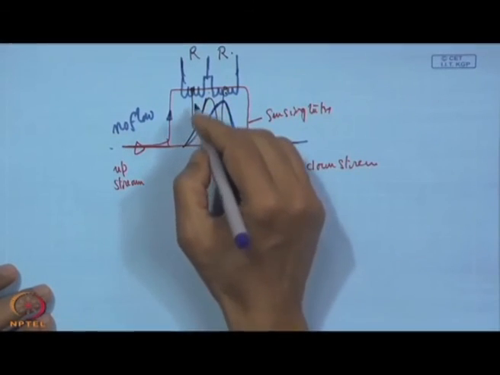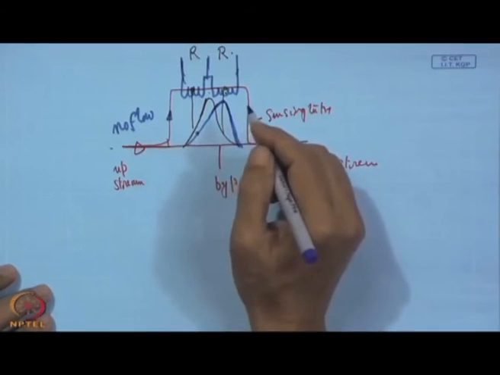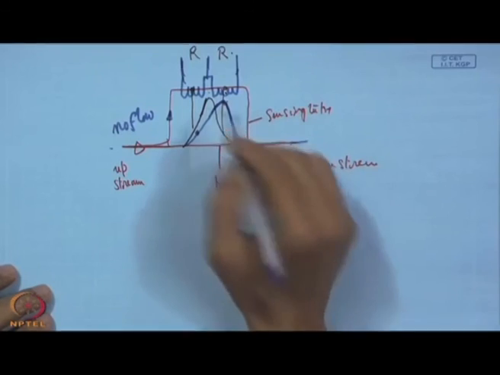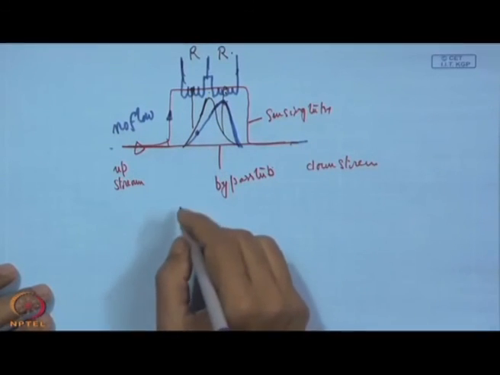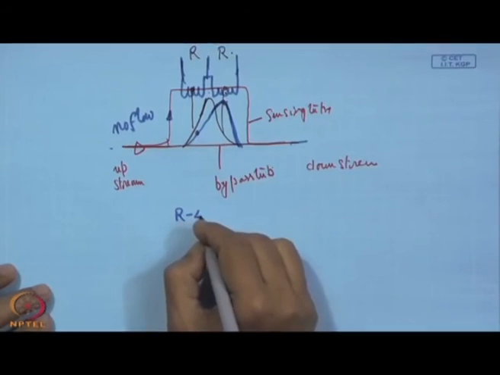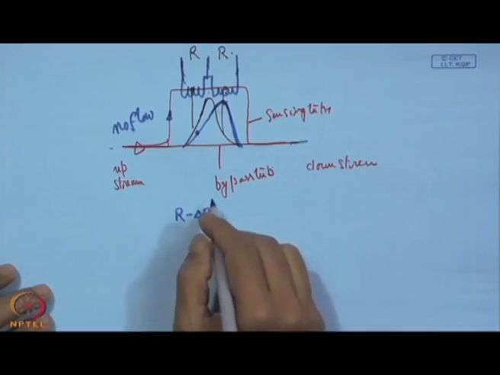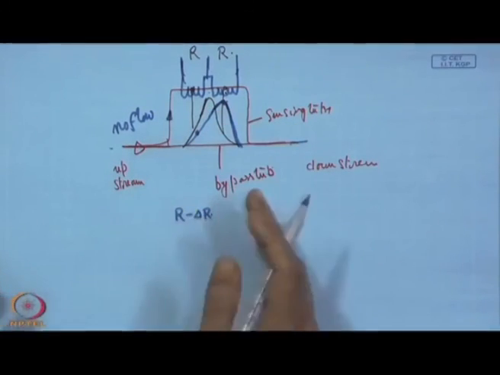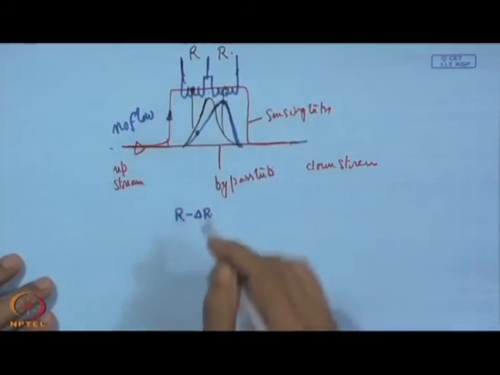In that case, the mean temperature here is low and on this side it is high. Because of this change in temperature, we have some change in resistance, which will be shifted a little offset from this null condition.